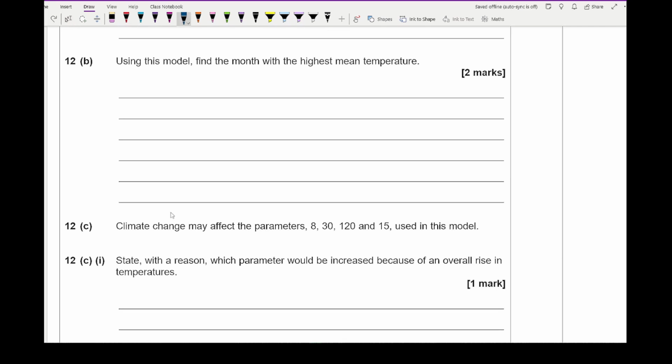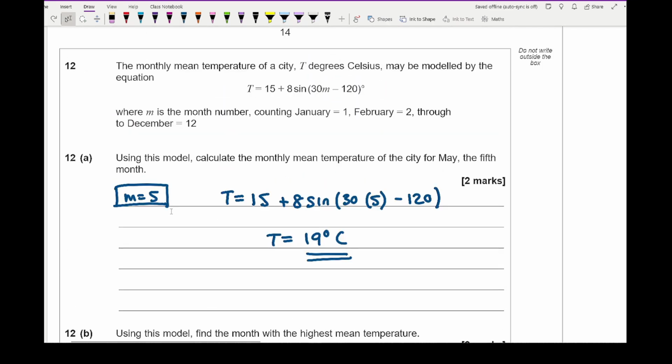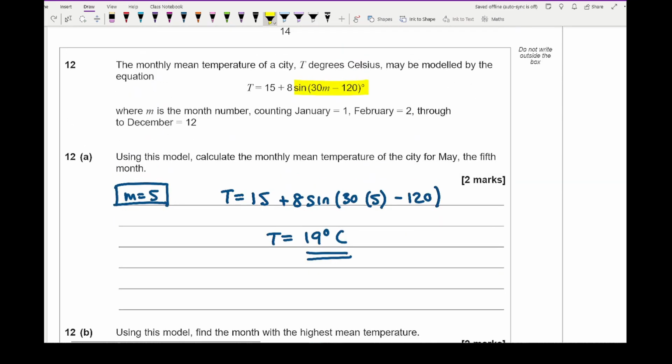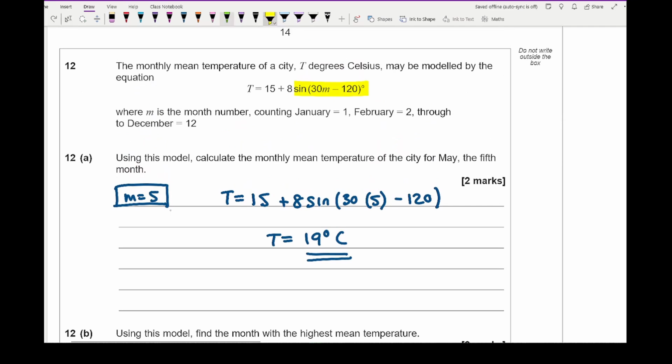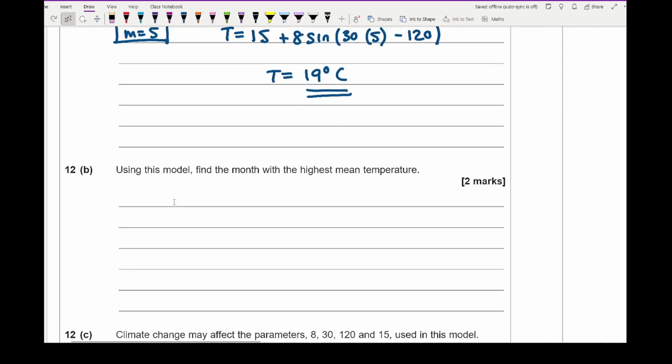Moving on to B, it says using this model, find the month of the highest temperature. For this, the highest value that sine can be is 1. So I'm looking for the month in which the angle is equal to 90 degrees, where sine equals 1.